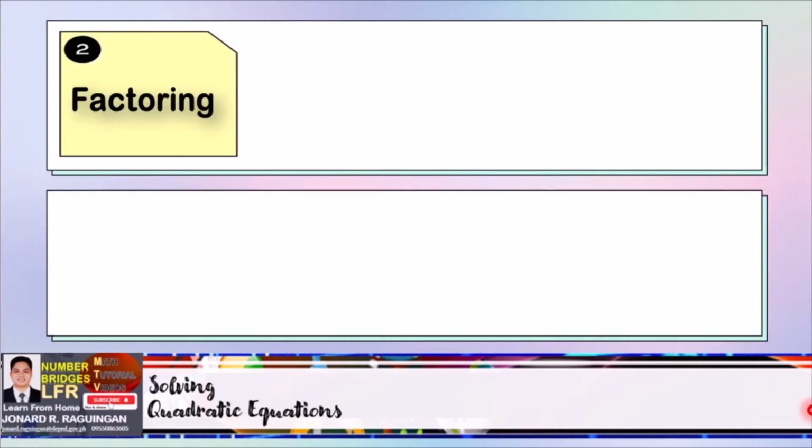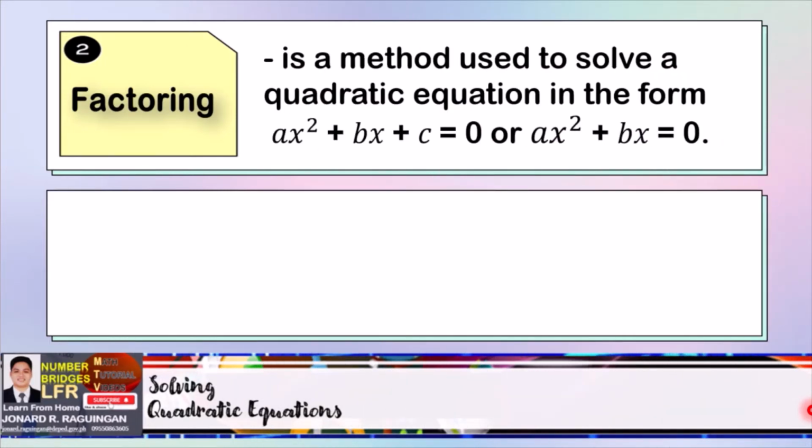Some quadratic equations can be solved easily by factoring. Factoring is a method used to solve a quadratic equation in the form ax squared plus bx plus c is equal to 0, or ax squared plus bx is equal to 0. To solve such quadratic equations, the following procedure can be followed.